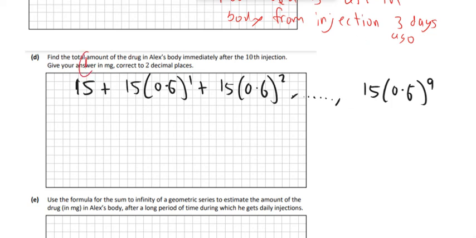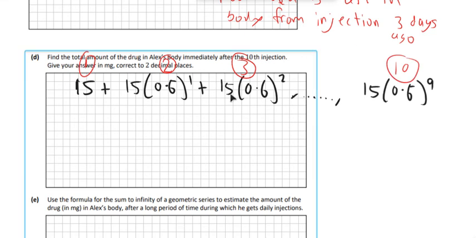Here that's day 1, day 2, day 3. So if you think about it, the power part is always 1 less, so that's the 10th day here.